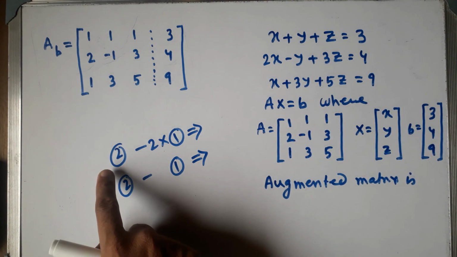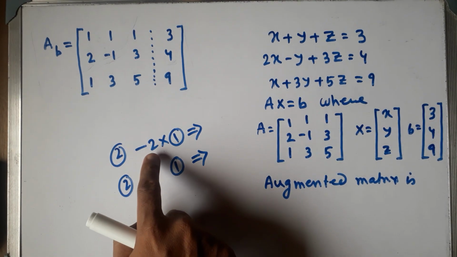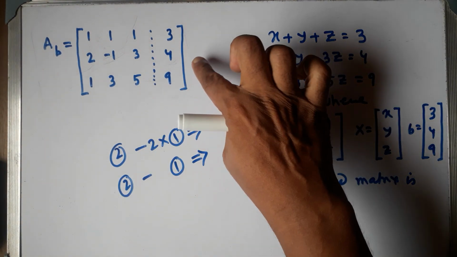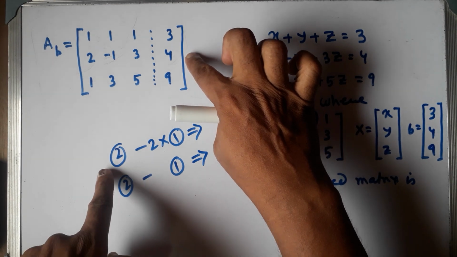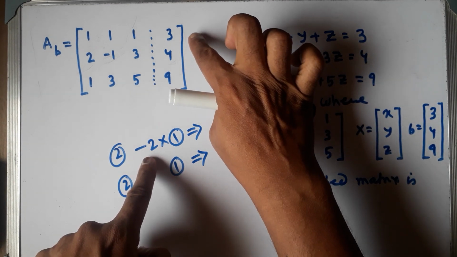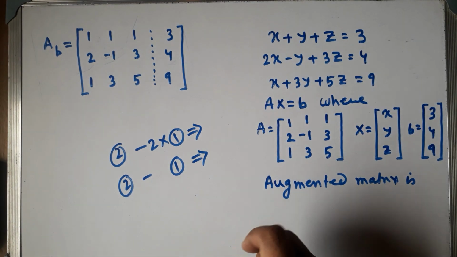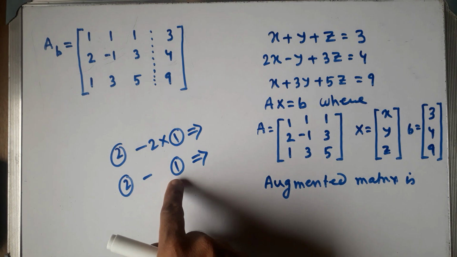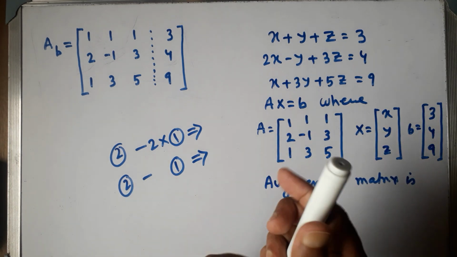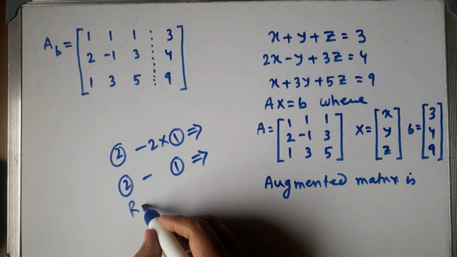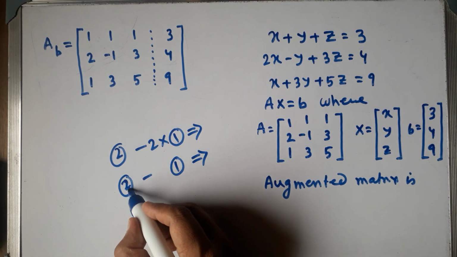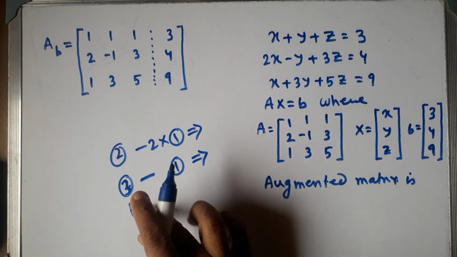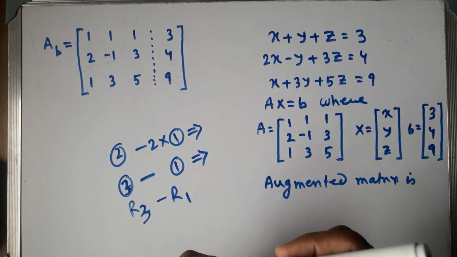When you are doing equation 2 minus 2 times equation 1, it is actually R2, second row, minus 2 times first row. Equation 3 minus equation 1 means it is R3 minus R1.